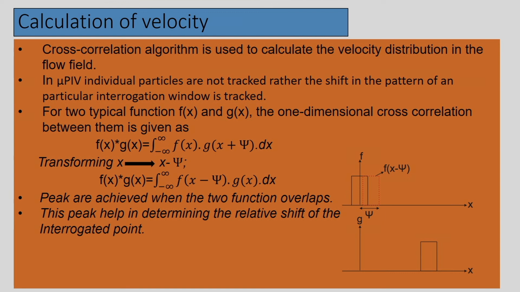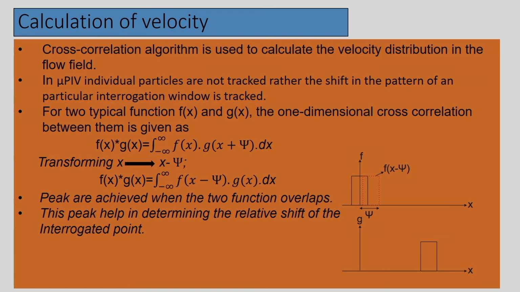For the ease of understanding, I have taken a one dimensional example, where the first frame is only a function of x. So the particles are moving only in the x direction.